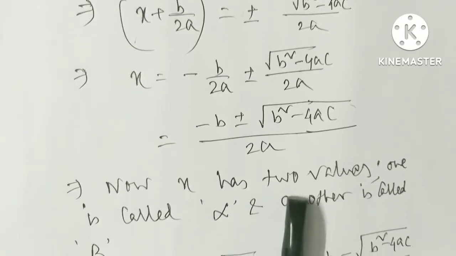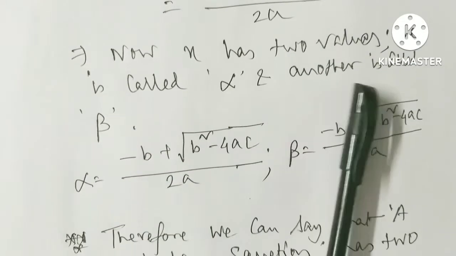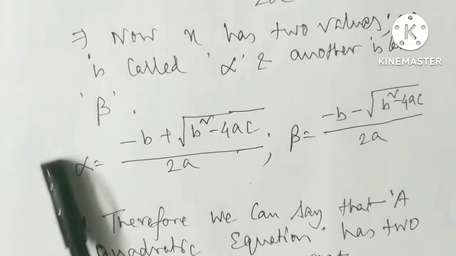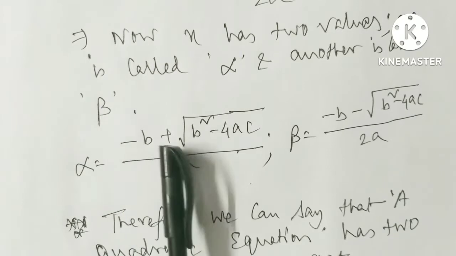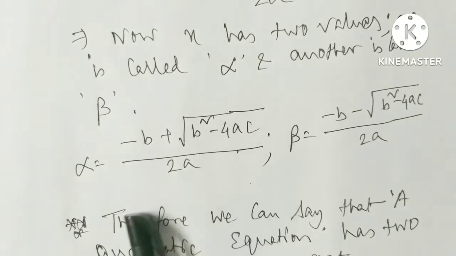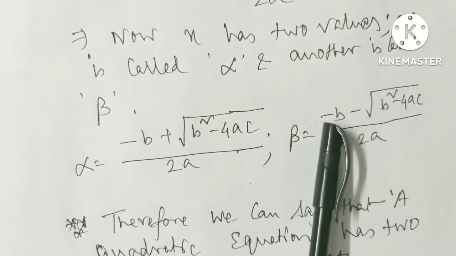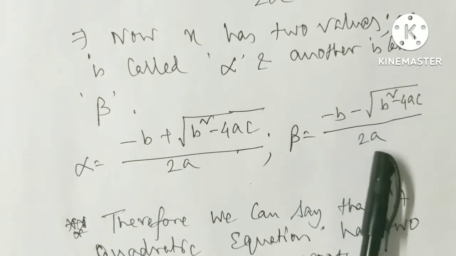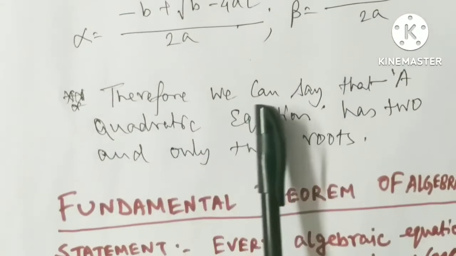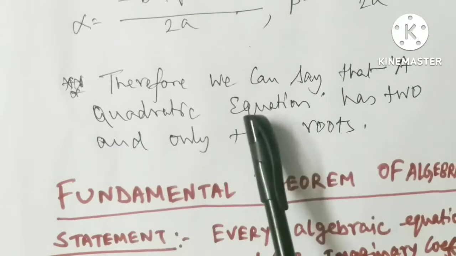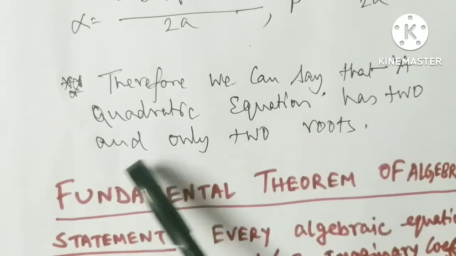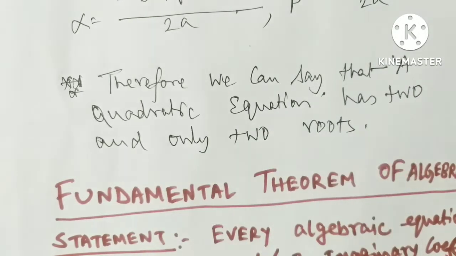Now x has two values, one called alpha and another called beta. Then alpha = (−b + √(b² − 4ac))/2a, beta = (−b − √(b² − 4ac))/2a. Therefore we can say that a quadratic equation has two and only two roots.